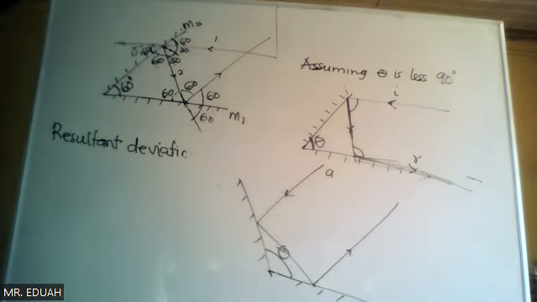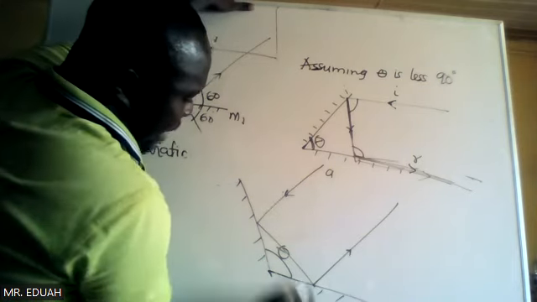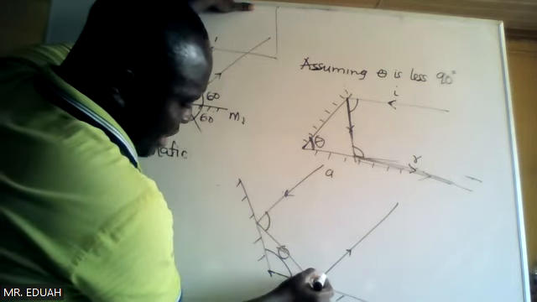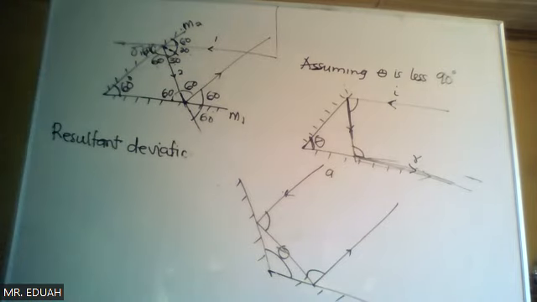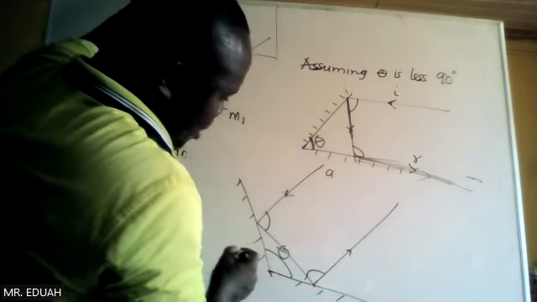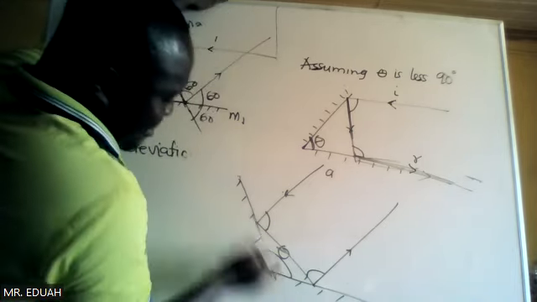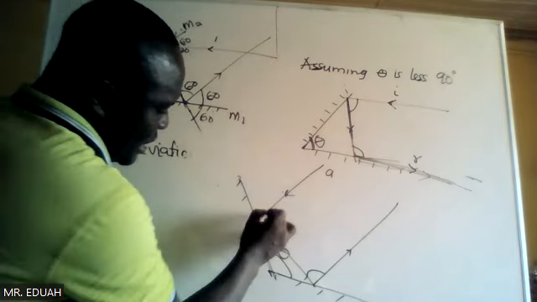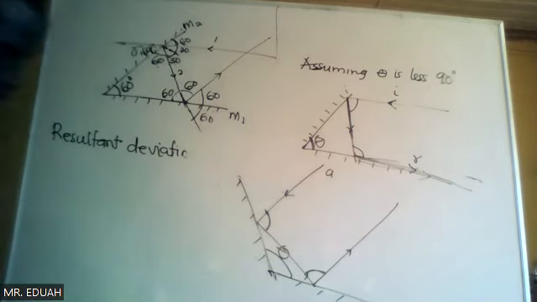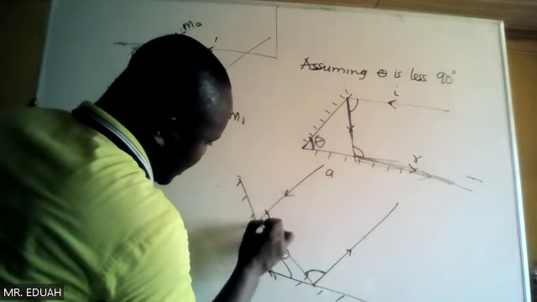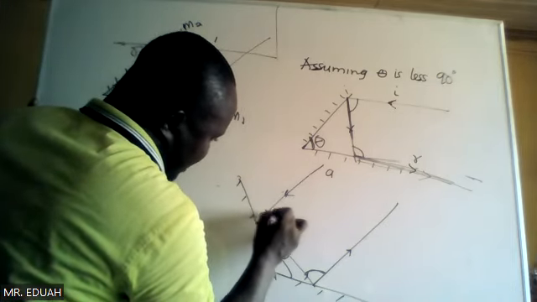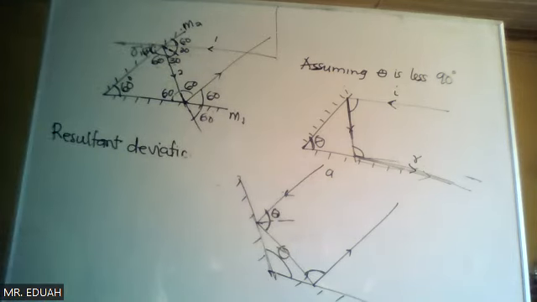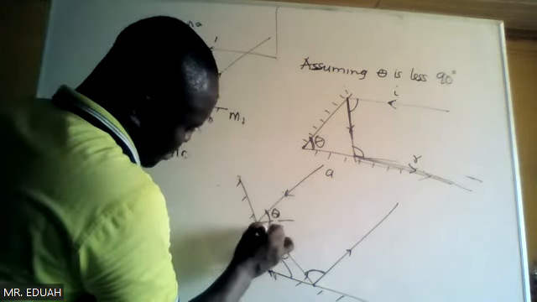It means that if these two rays are parallel, then this angle must be equal to this angle. The basic rule is that two parallel lines have the same slope. These two angles must be the same. So if we are assuming that the angle of incidence is theta, then this must also be theta.